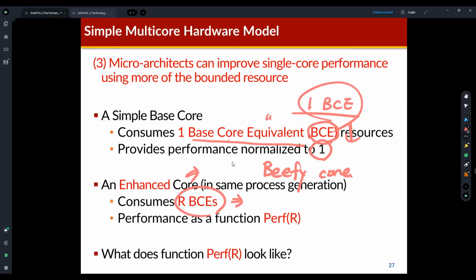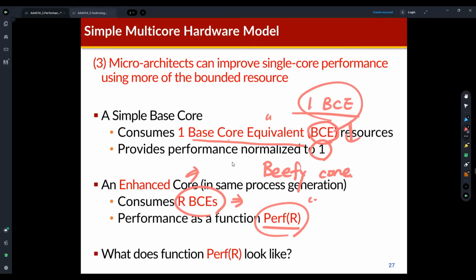We don't know actually, but if the cost is proportional to the performance, then it's very happy. So the researchers define a performance function.